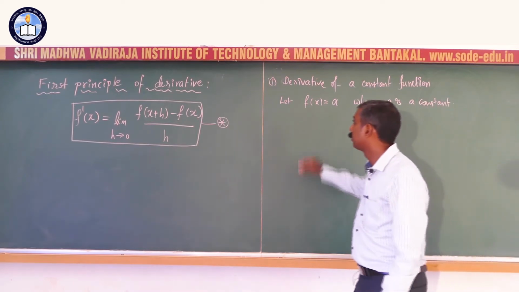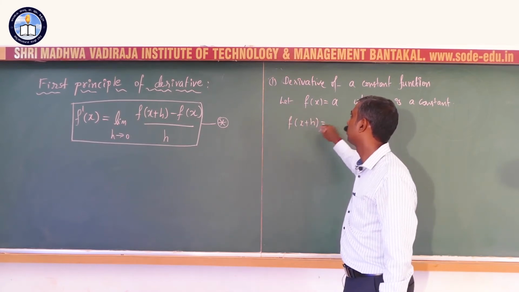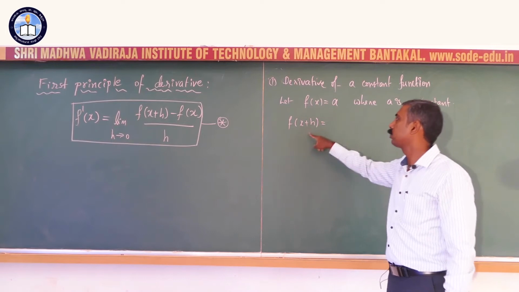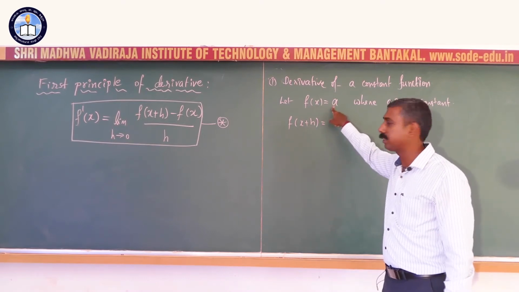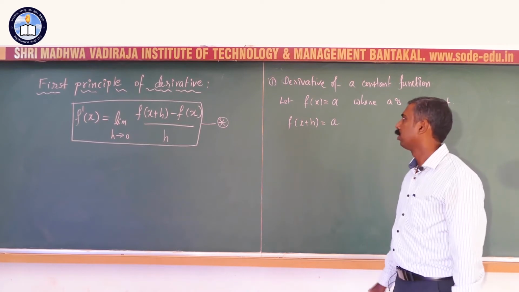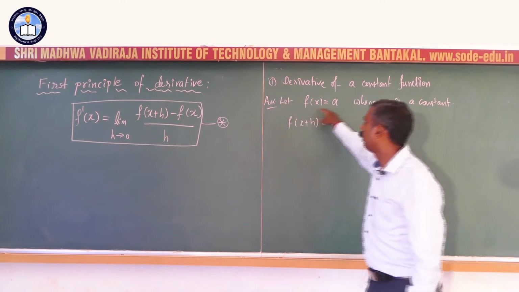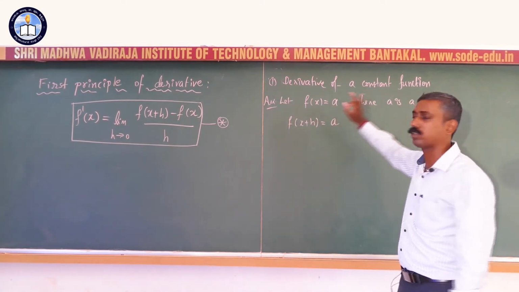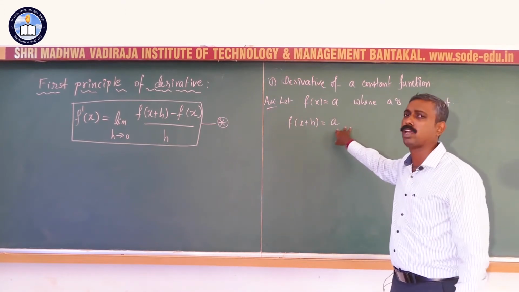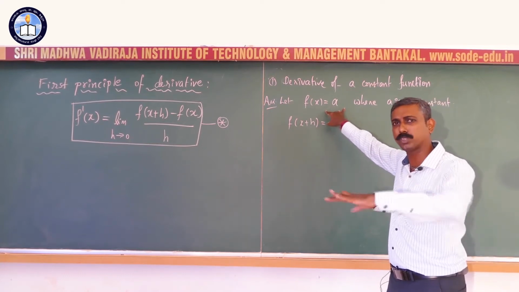Then what is f of x plus h? There is no x, only a constant is there, therefore f of x plus h is also a. So there is no change in function value at all. It is constant throughout.